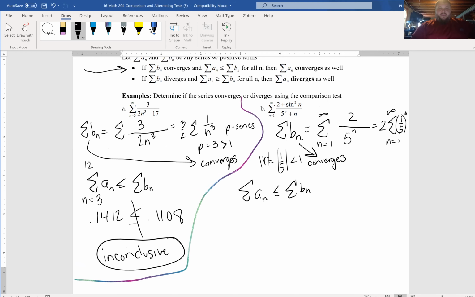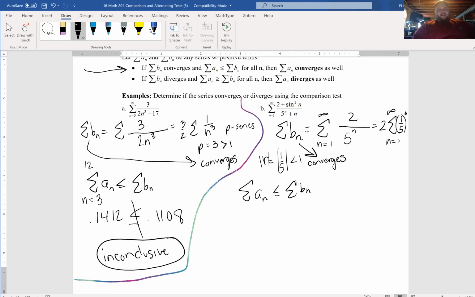The other options you have are to plot them. And if one of them has terms that are greater than all of the other, then its sum must also be greater than the other one. The other option is to try and look at the equation and determine what the terms are going to look like.